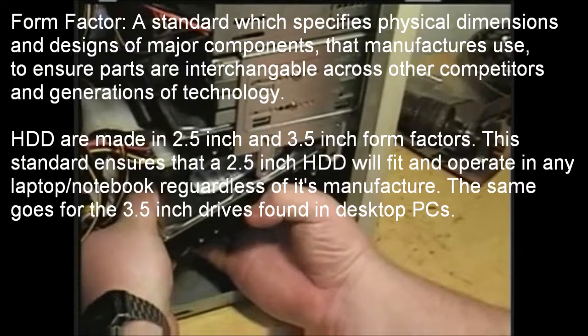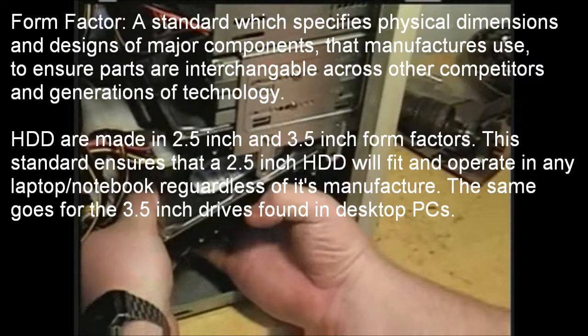Next, we have the form factor. This is a standard that specifies physical dimensions and designs of major components, which manufacturers use to ensure that parts are interchangeable across competitors and generations of technology. All it is is a list of standards.